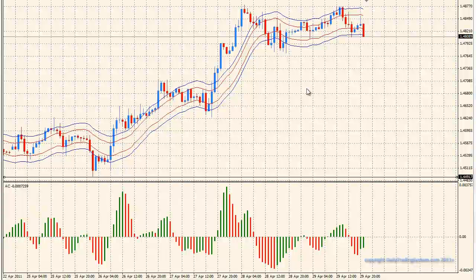Now, the take profit target can be done a couple of ways. You can target somewhere on a previous high, like this. Here's a previous high around here, so you can maybe place it around about there.